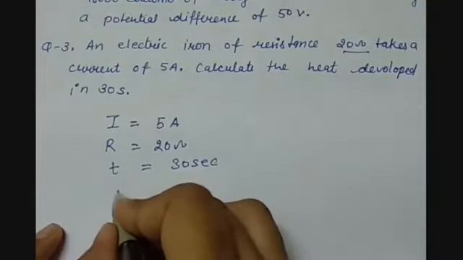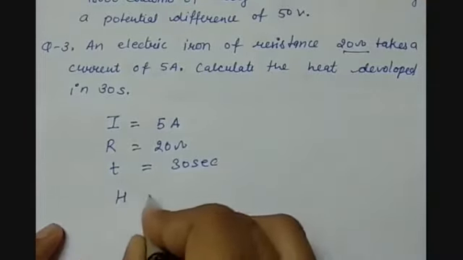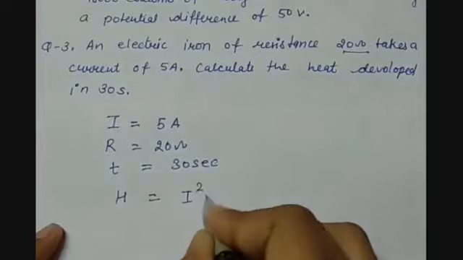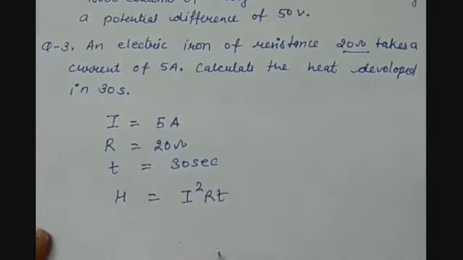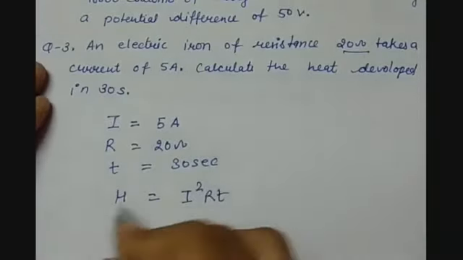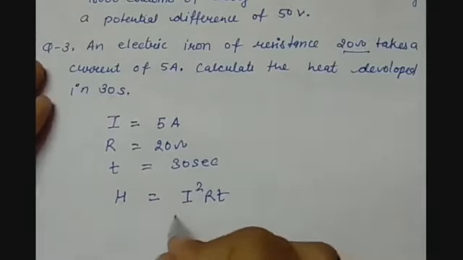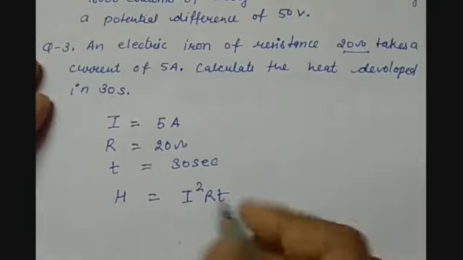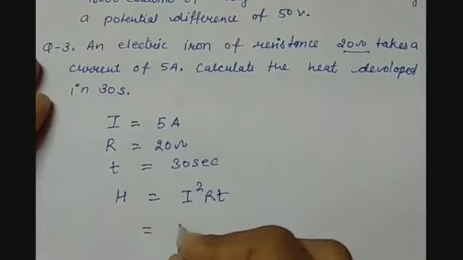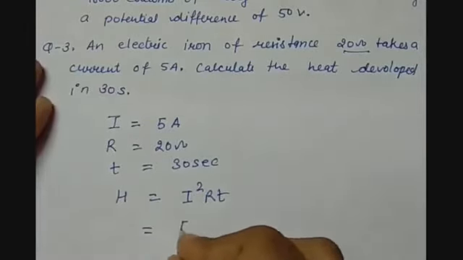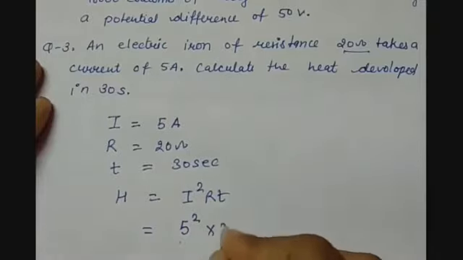As we have to calculate the heat generated, heat developed will be I square RT, because this is one of the modified forms of Joule's law of heating, that heat developed is equal to I square RT. By putting in the values of I, R and T, we have 5 square into 20 into 30.